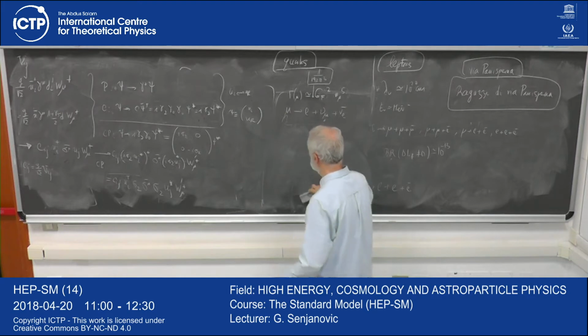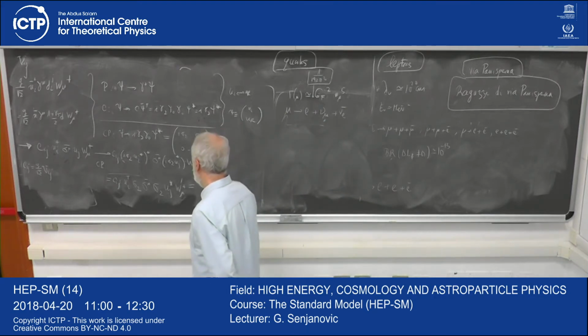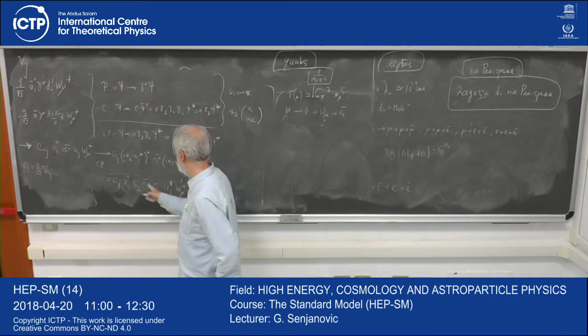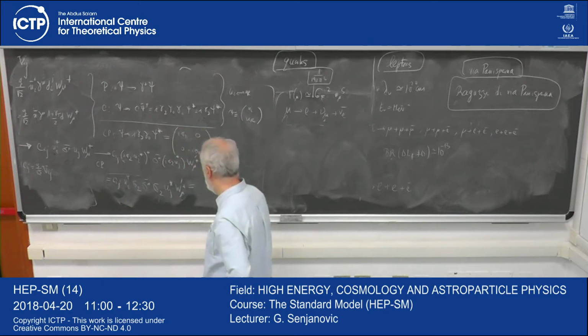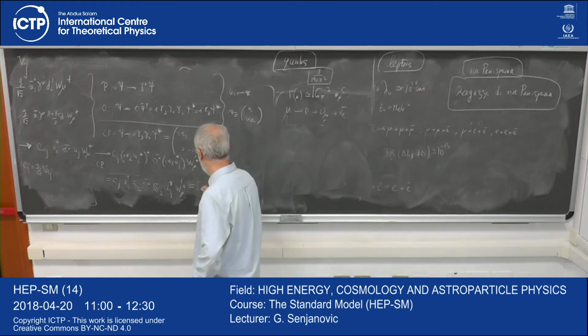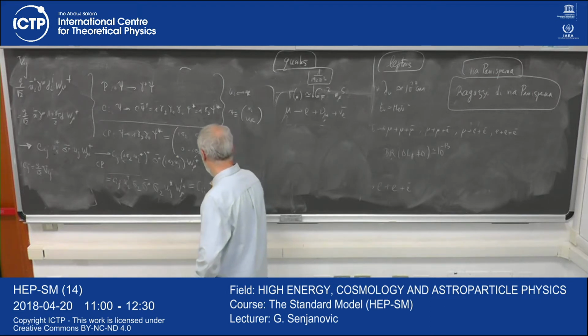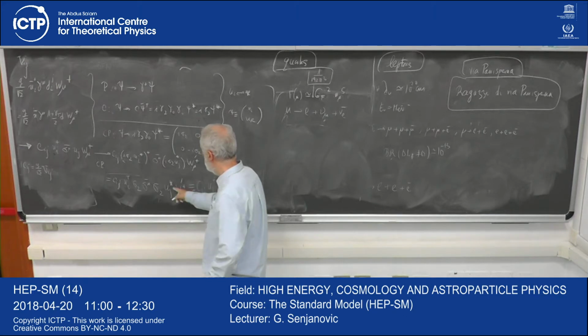What is this? Well, I should commute ui and uj. So this is Cij, uj dagger, minus I, the anti-commute.